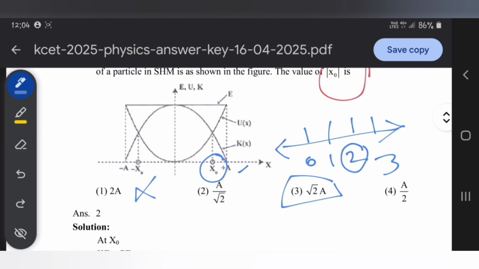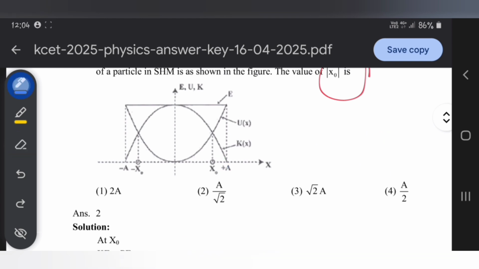So what was I saying? Yeah, so in that case, a as well as root 2. What is root 2? Root 2 is nothing but 1.4, correct? So 1.4 a is greater than a, right? So in that case, what do we see? Definitely this and this cannot be the answer.